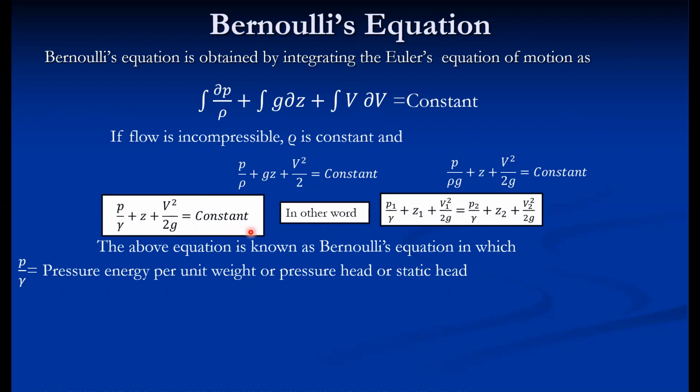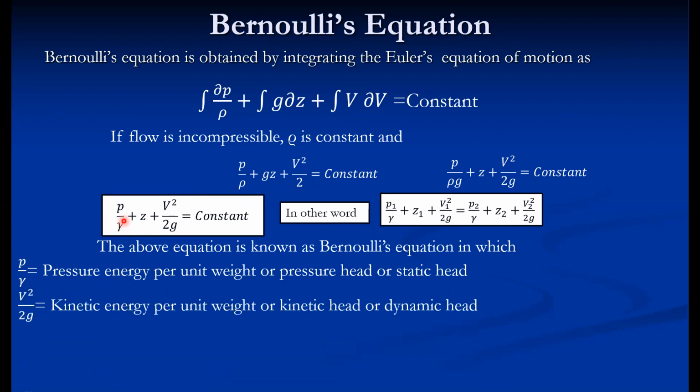P by gamma is called the pressure energy per unit weight, or pressure head, or static head. V square by 2g is called the kinetic energy per unit weight, or kinetic head, or dynamic head. Z is the potential energy per unit weight, or potential head.